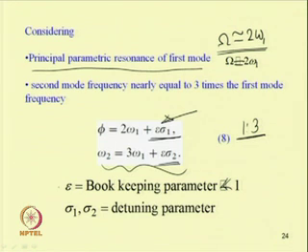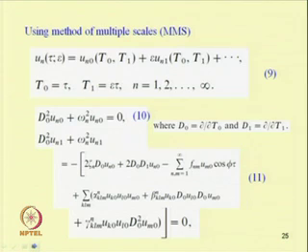Here we are taking epsilon as the bookkeeping parameter, and we already know this bookkeeping parameter should be very less than 1. Now let us use the method of multiple scales to derive the reduced equation, which we can further use for finding the response and stability of the system.